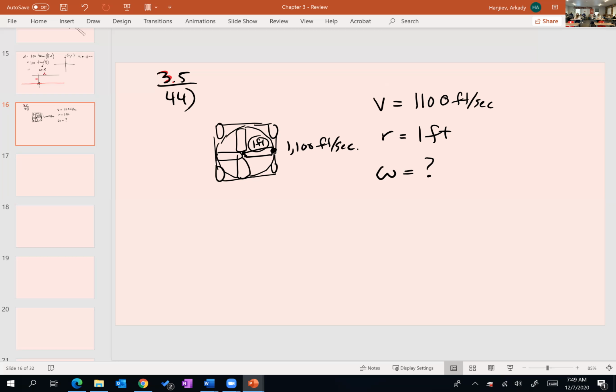And then you can start figuring out which equation you want. I have to flip through the book here. Omega, oh yes, it's on page 153. And I see something that connects all three of these together, which is V equals radius times omega.